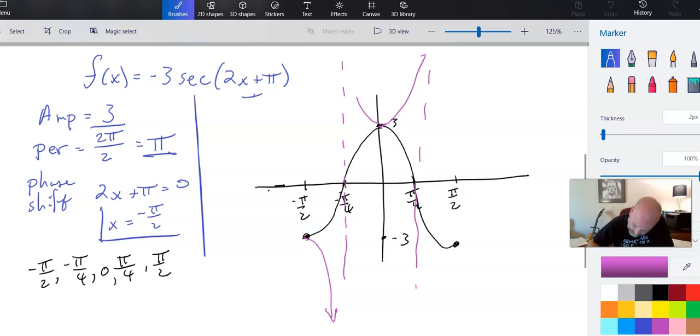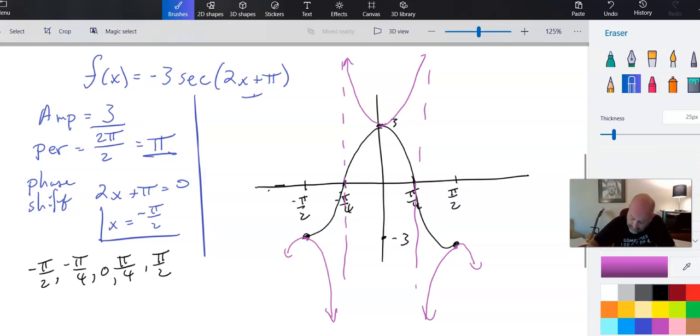And then we can just build the rest of this off our peaks and troughs. Right? It actually does a little bit of that too. Right? But it goes on forever. And so the actual graph here, I'm going to leave a sketch of the cosine in there, but technically it's not there. Right? I keep emphasizing that.